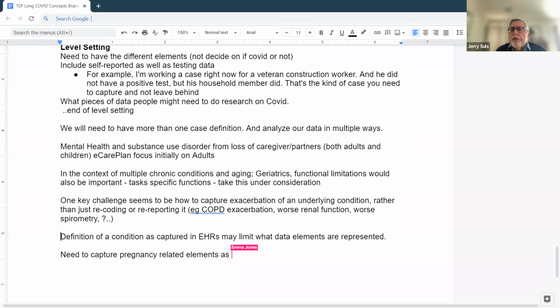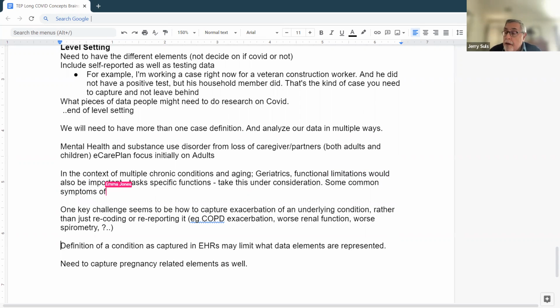I want to reinforce the comment about functional limitations, not just because they're so important with regard to MCCs, but also some of what I consider to be the common symptoms of long COVID. Some of those will not come up, I would bet, from patients if they don't have a functional limitation implication.